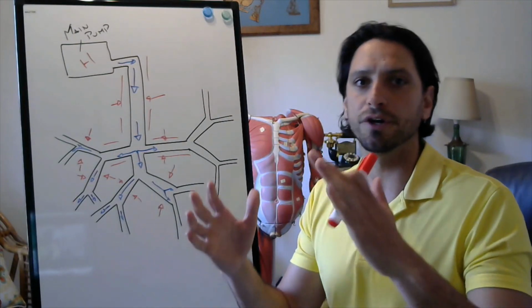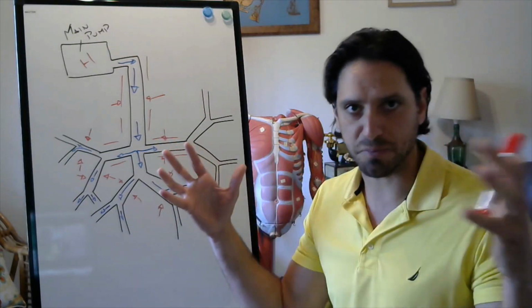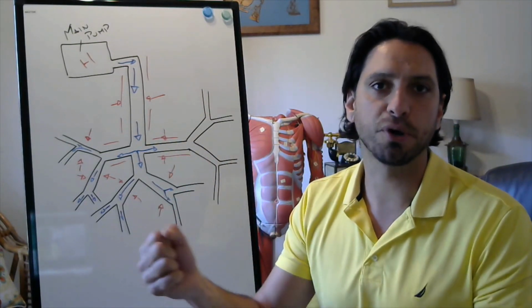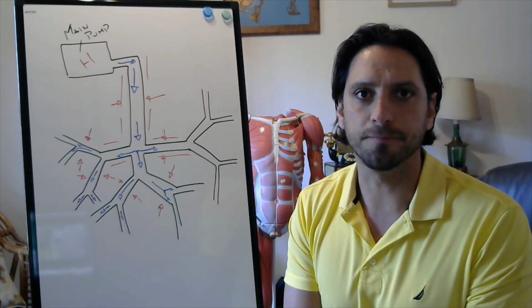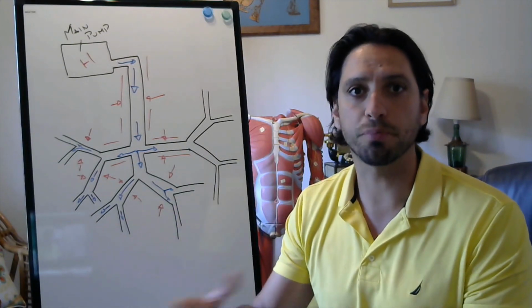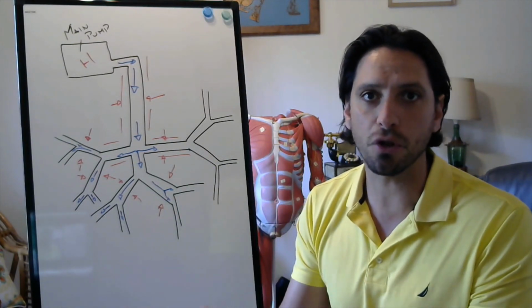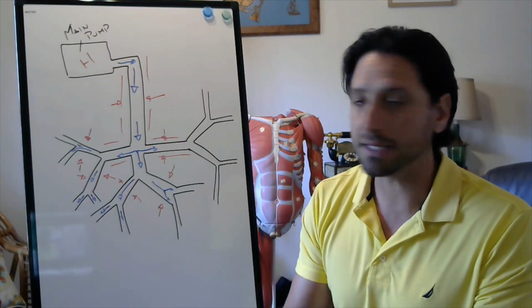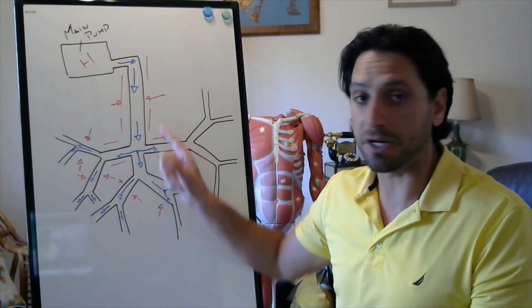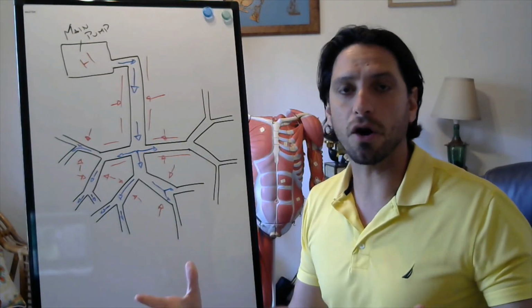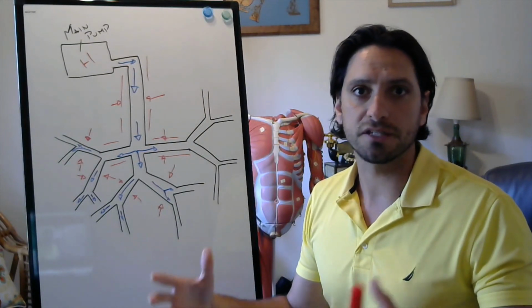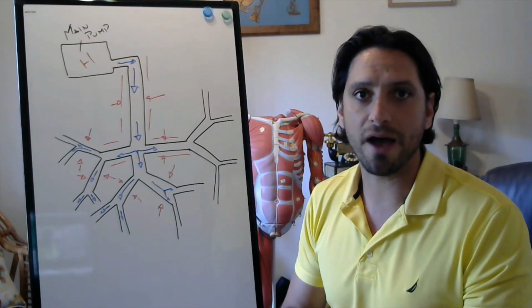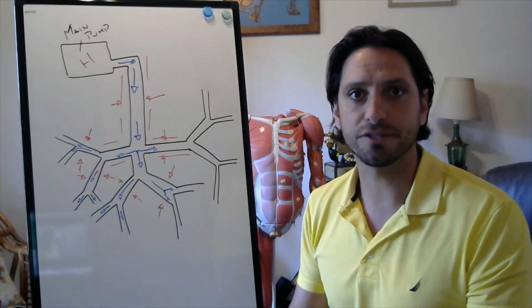As we move, our muscles expand and contract, and that helps push on our veins to help blood flow through. So pressure is maintained within the closed system, the cardiovascular system, by the heart, the muscles in our arteries, and our skeletal muscles to help push blood throughout our cardiovascular system.